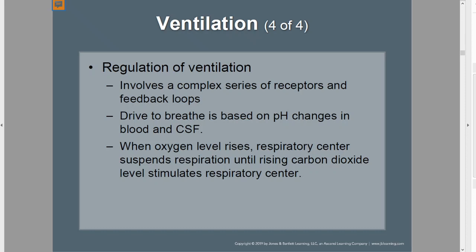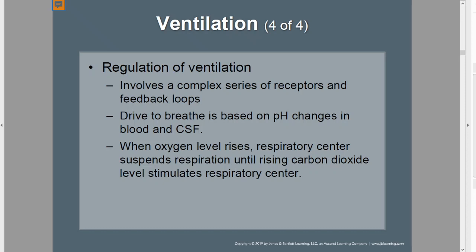For the most part, we know that the drive to breathe is based on pH changes, right? So in us, when the oxygen level rises, the respiratory center suspends respirations until rising carbon dioxide levels stimulate the respiratory center, meaning we're monitoring CO2 readings in a normal healthy individual, because an increase in CO2 is going to make us more acidotic, right?